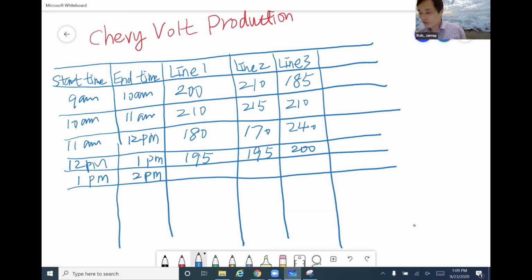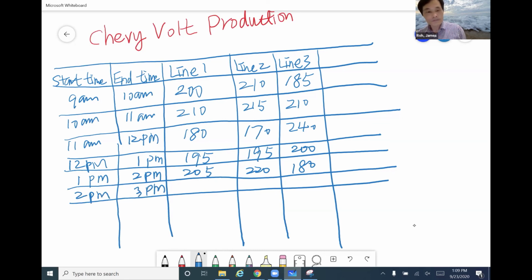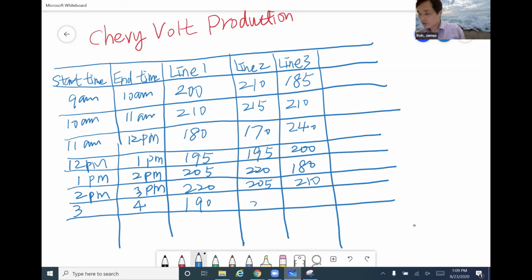It's 205, 220, 180, and 2 p.m. to 3 p.m. 220, 205 and 210. 3 to 4, you found 190, 200 and 210.